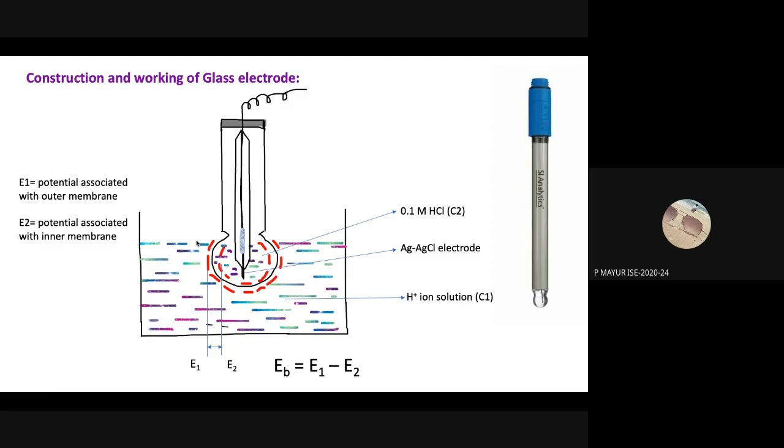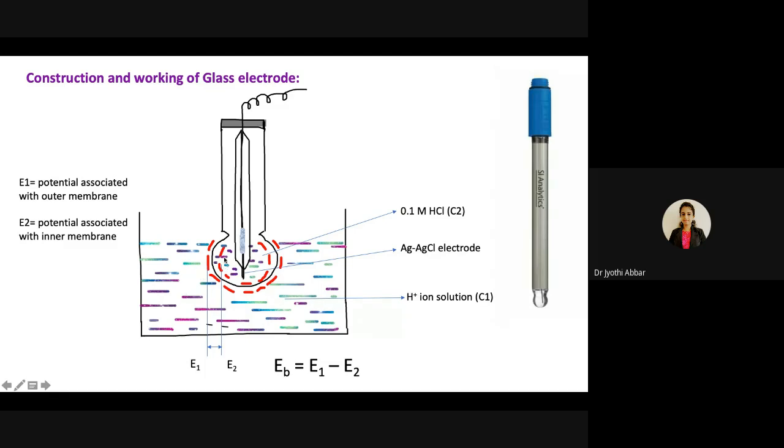HCl solution, H plus ionic solution. But we don't know what its concentration is. So it's like an unknown solution for us. Inside also it is filled with H plus ion containing solution. Outside also it is filled with H plus ion containing solution, but both differ in their concentration.